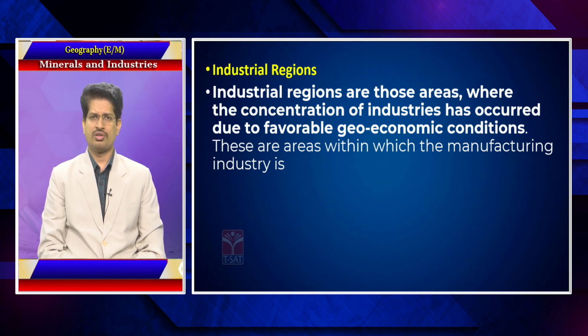The reason is he can reduce the transportation cost: if the raw material weighs 10 tons and the final produce weighs just 1 ton, you can save the transportation cost of 9 tons of raw material. In this way, availability of raw material determines the establishment of industries.